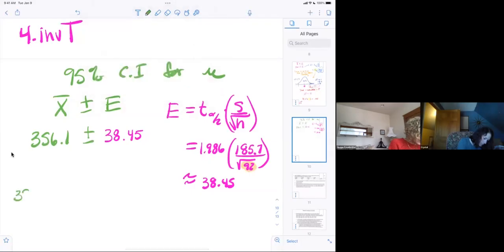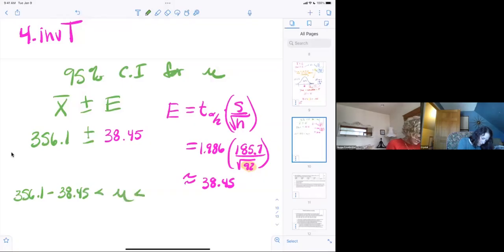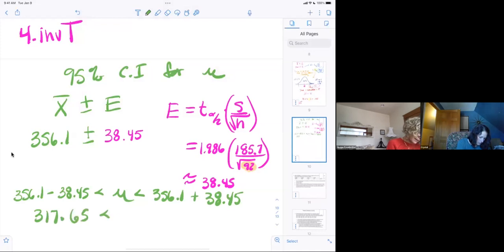So 356.1 minus 38.45. And I'm estimating the mean. So the mean is between 356.1 plus 38.45. So 317.65. The mean is between that lower bound and the upper bound of 394.55.